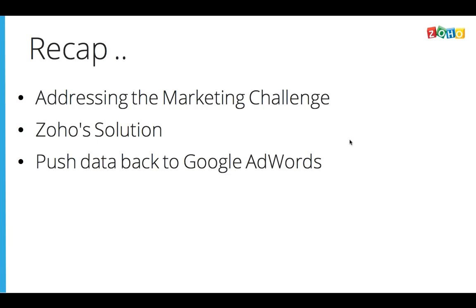We have also reports which tell us details about the failure of data being pushed back to Google. Suppose you are getting say 100 conversions in AdWords, and you're able to convert 50 of them into sales. But at some point in time, it's possible that when you push those 50 back to Google AdWords, only 30 get pushed properly.